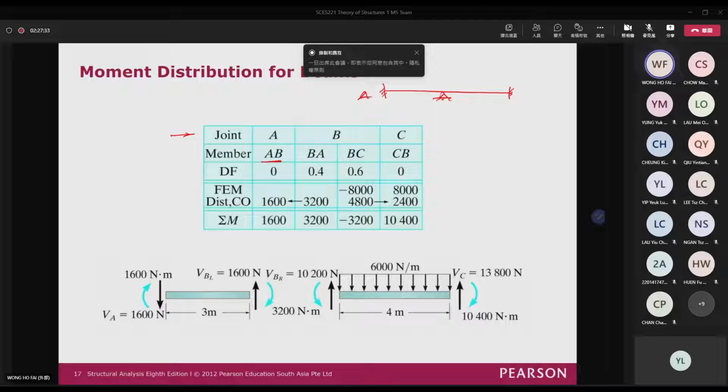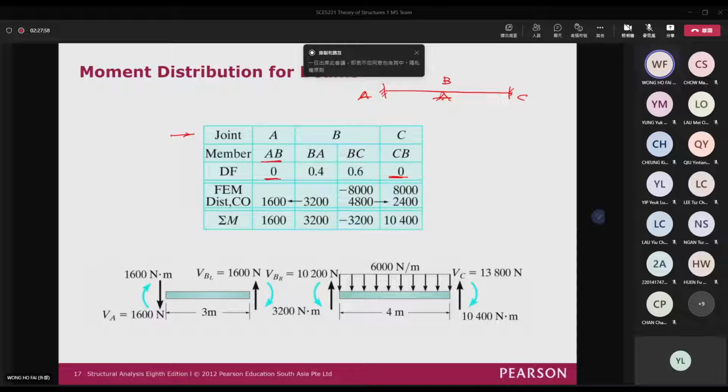So at A here, you have member AB. And right here, you have member BA. And then this is joint B. And then on the right-hand side, you have member BC. And then at last, you have CB, okay? The distribution factor is 0 for the member AB, because all the moment will be absorbed by the wall.